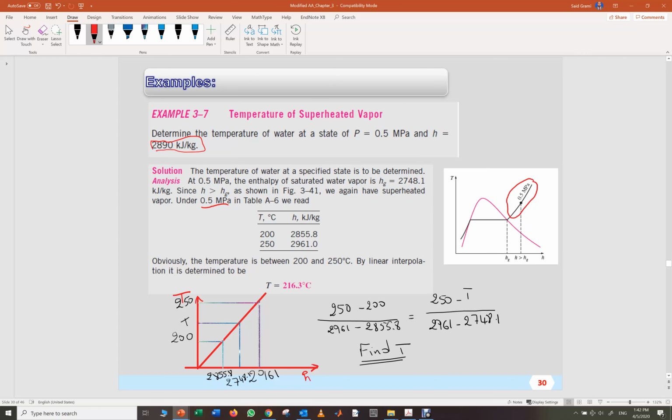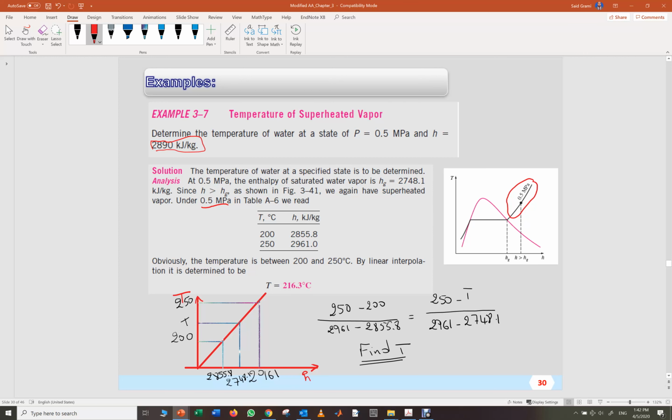In the table for 0.5 megapascal, at 200 it's 2855.8, and at 250 it's 2961.0.